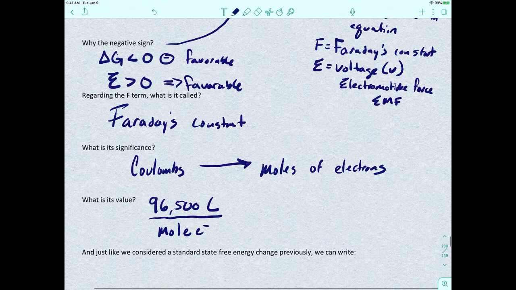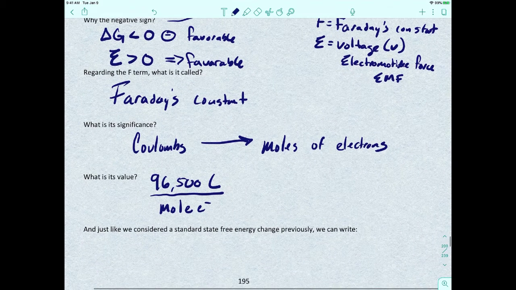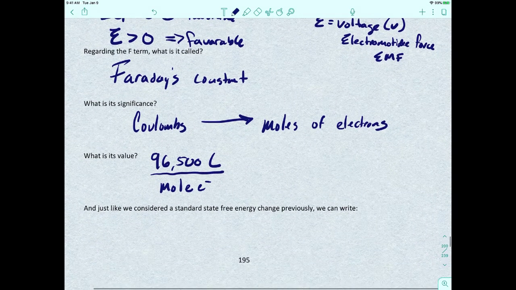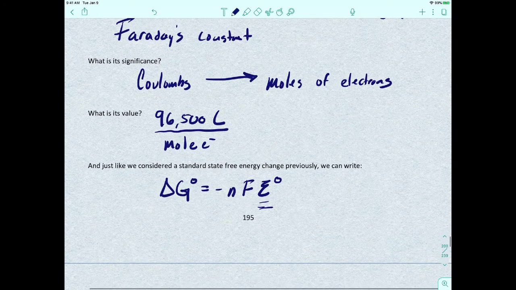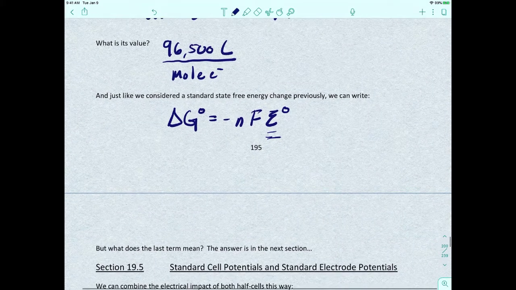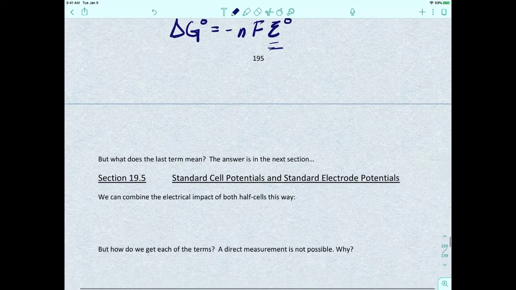And just like we considered a standard state free energy previously, if everything is at standard state, we could write that delta G at standard state is equal to negative N times F times the electromotive force at standard state. Now, this standard state is going to be a really big thing because that's what we're going to use in order to help us determine standard cell potentials, which is the next part.